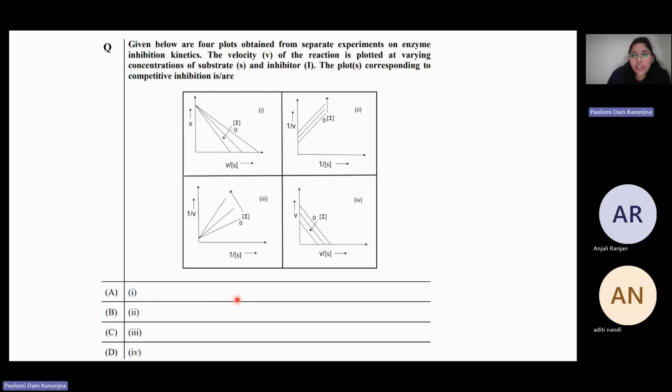Next. So given below are 4 plots obtained from separate experiments on inhibition kinetics. The velocity V, the concentration S and the concentration of inhibitor are plotted.